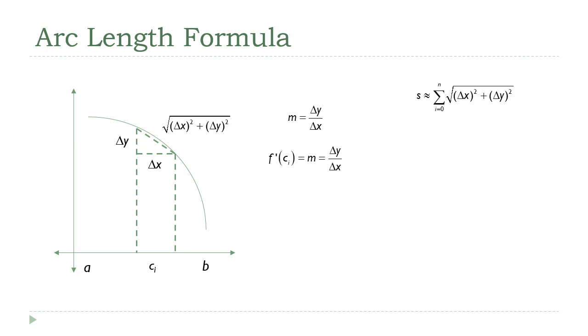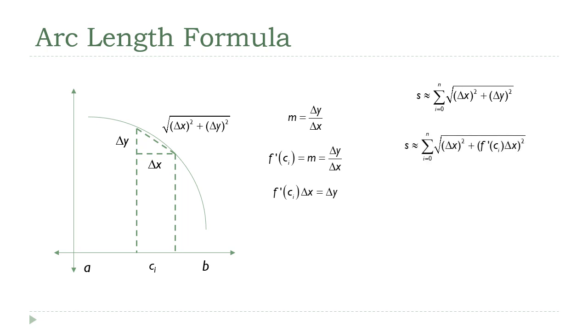All right, that's going to give me the tool that I need to get that delta y out of there. If we multiply the left and right sides of this by delta x, we get delta y is equal to f prime of c sub i times delta x. There's my substitution. I'm going to substitute f prime of c sub i delta x for delta y in my approximation up there.